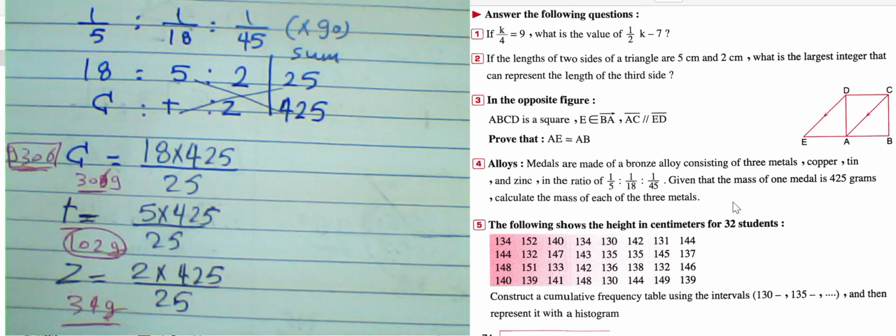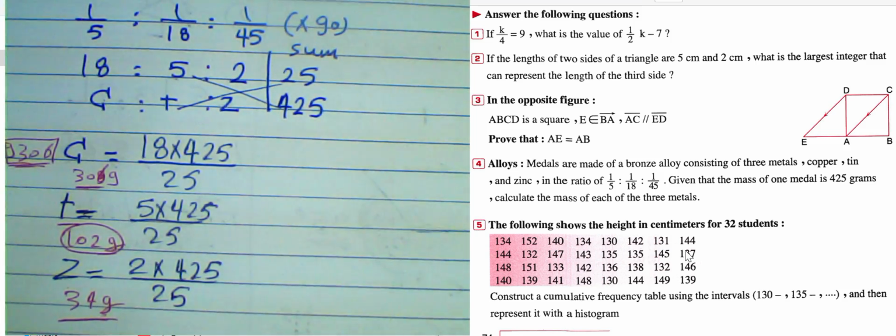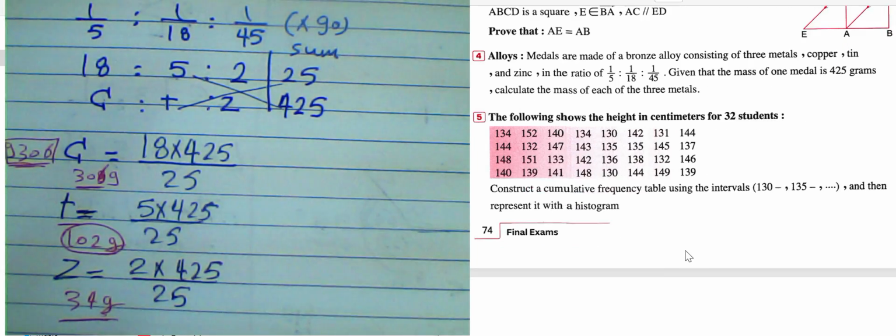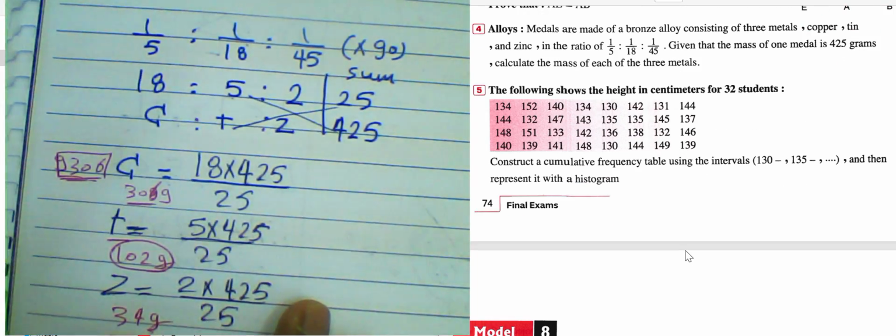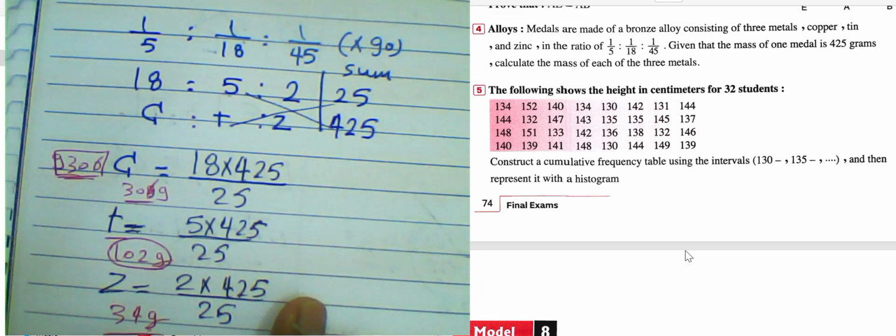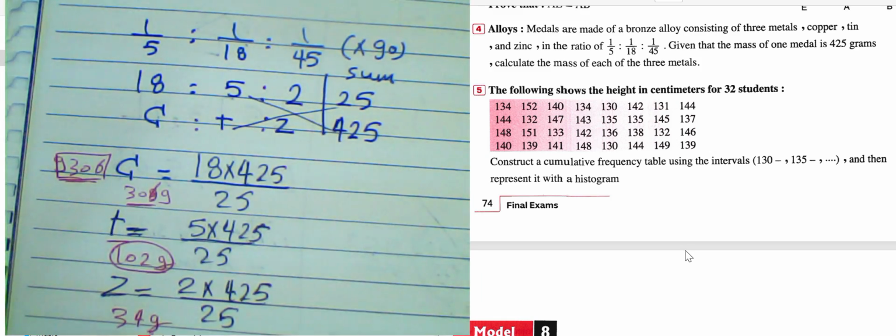Next, question number 5. The following shows the heights in centimeters of 32 students. Construct a cumulative frequency table using intervals 130, 135, and so on, and then represent with a histogram. Okay, we can draw the table and divide it into sets and frequency.